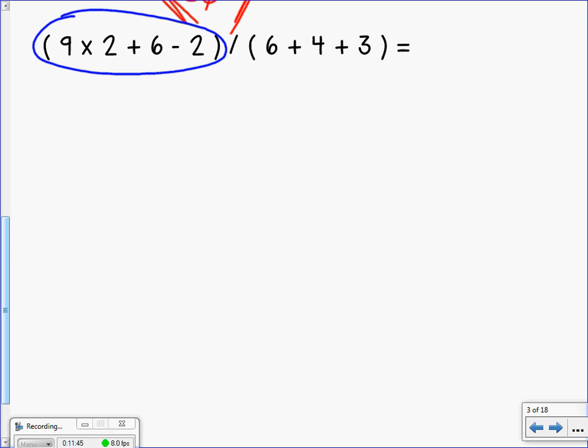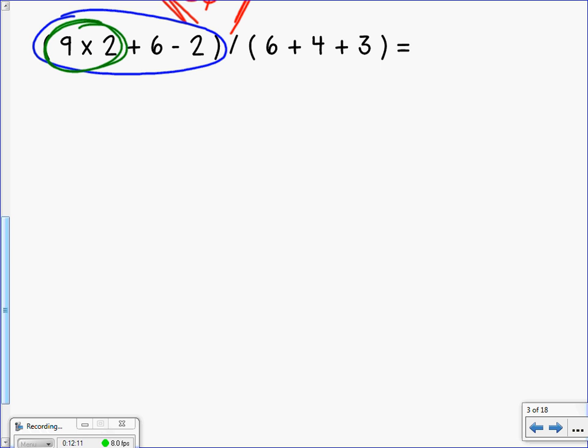Inside the parentheses, if there's multiple operations, you still just follow PEMDAS. Okay, so inside the parentheses, are there any more parentheses? No. Are there any exponents? No. Is there any multiplication or division? Yes. So I know inside that parentheses, I have to do this first.